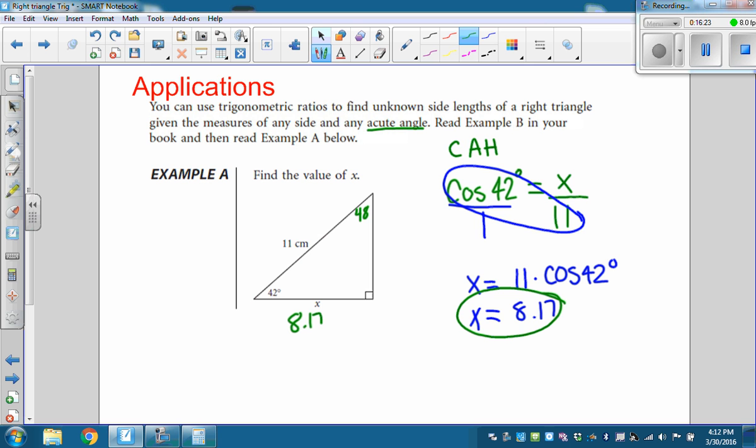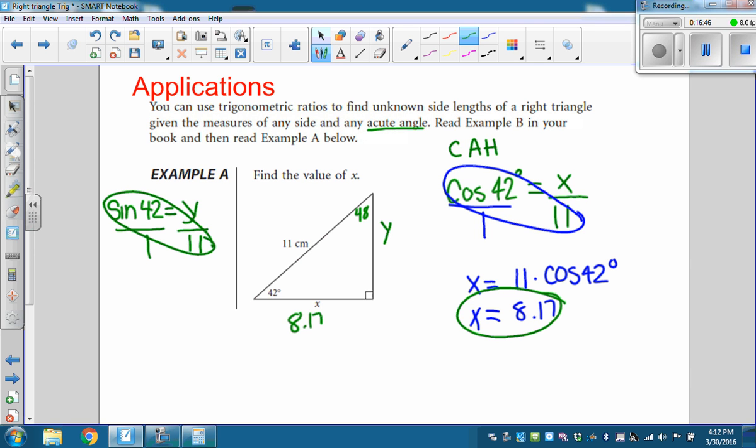If I wanted to find y, I should get a number that's smaller than 8 because it's opposite a smaller angle. So we could just go ahead and find y. I could say the sine of 42 degrees is the opposite over the hypotenuse.